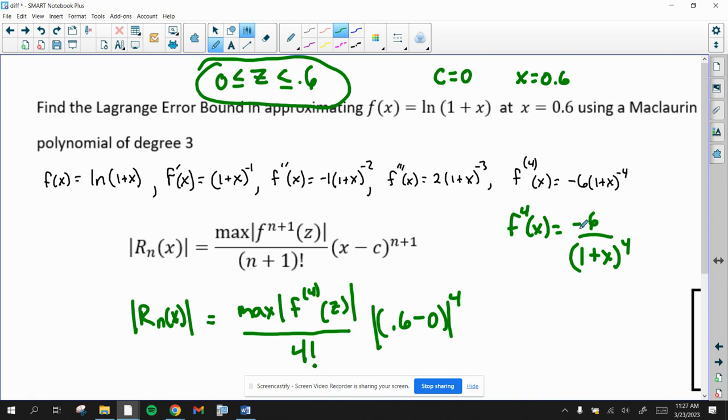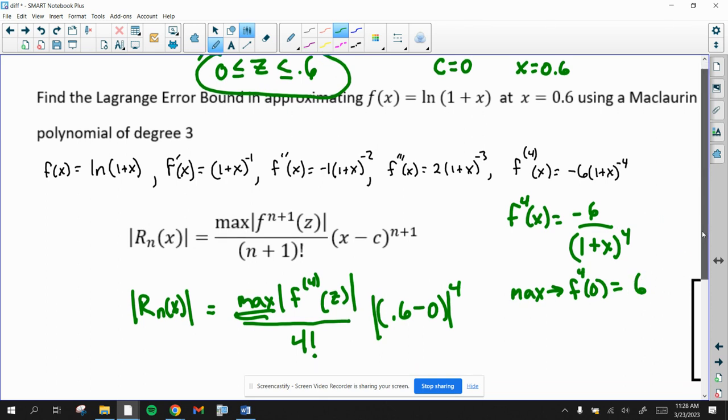So if I had to choose between 1 over 2 and 1 over 10, I would choose 1 over 2 for the maximum. So if you're plugging in 0 to 0.6 in the denominator, you can see the denominator is getting bigger as you get higher than 0. Therefore, the fraction itself is getting smaller. We want the maximum value of this fraction. So that's going to happen when x is 0.